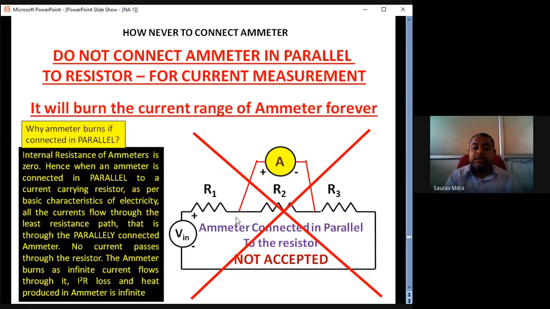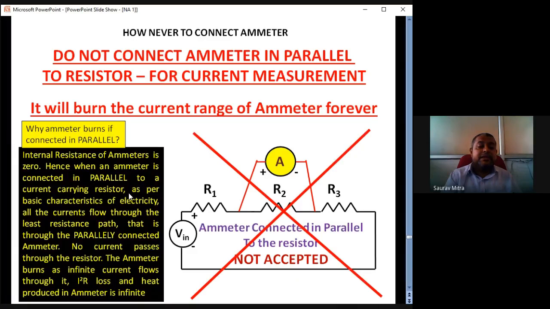Okay, the whole loop is there, R1, R2, R3, all are carrying a current of IN. As per the basic characteristic of electricity, all the current flows through the least resistance path. That means after coming to this junction, all the current will go up and it will bypass the resistance R2. Again, it will come and join R3.